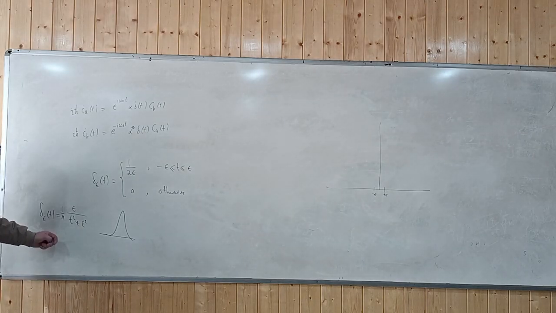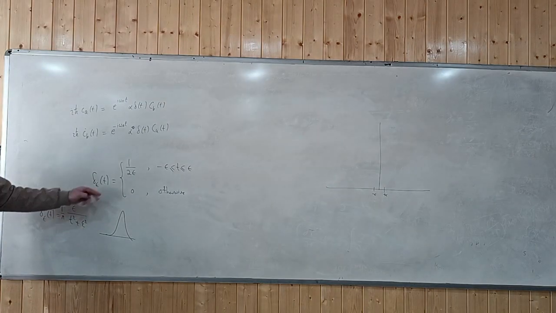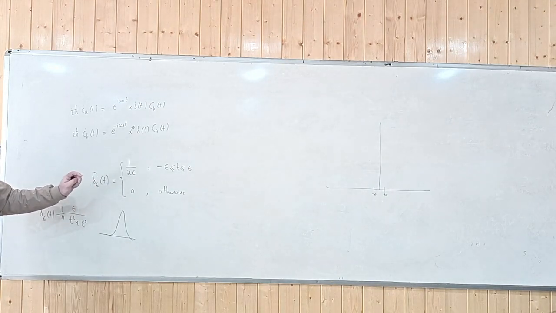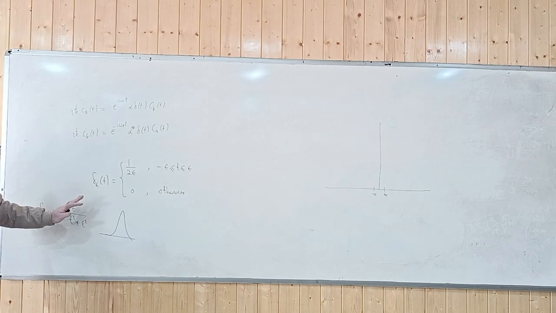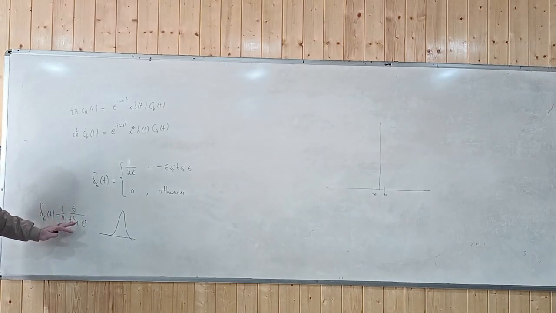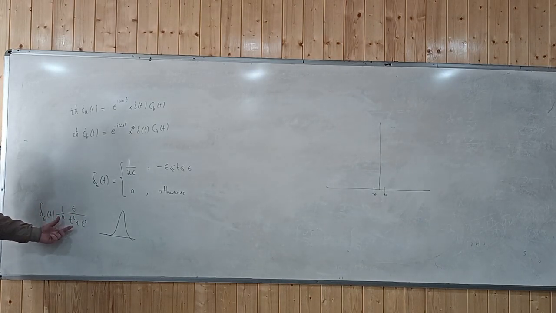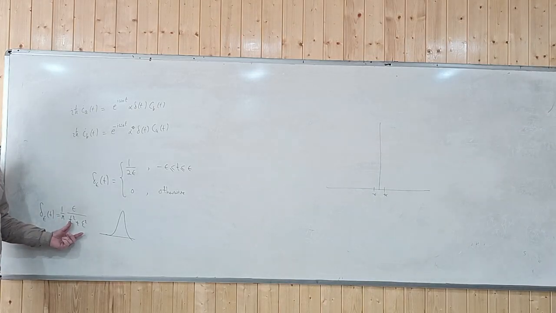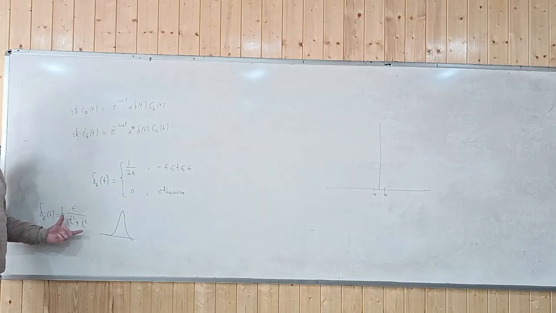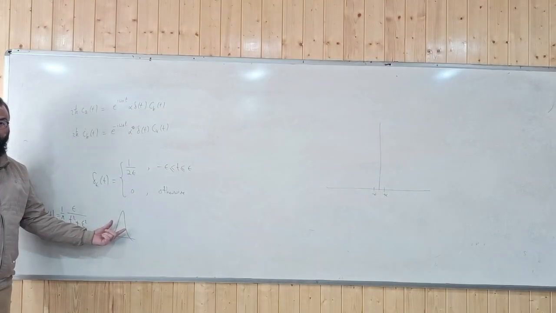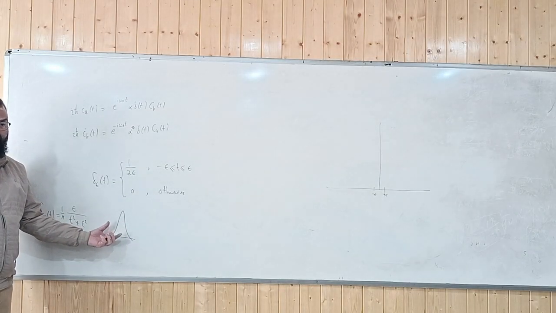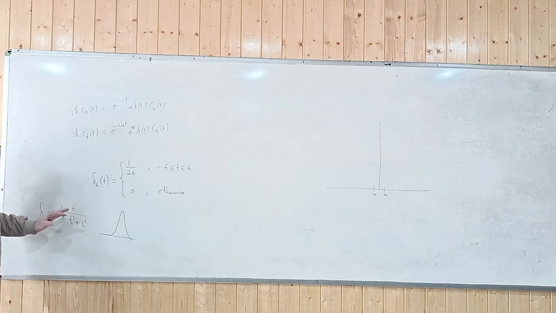Why are we not using this kind of regularization, and why are we using this one? Since we are dealing with a sudden perturbation. This is a smooth curve with a well-defined width, so I will not use it.